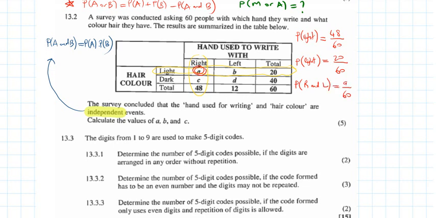Now, according to the information given, A over 60 must be equal to the product of the other two, because I am using the independent events condition: 48 over 60 times 20 over 60. So from here, I can get A, and after A, I can get anything I want, okay? That wouldn't be a problem.